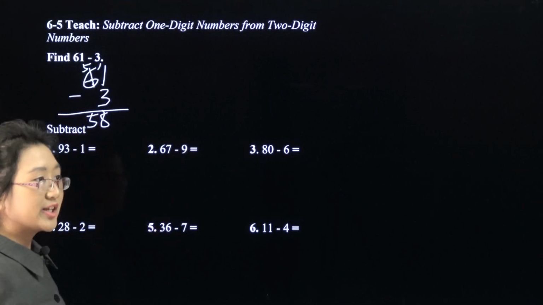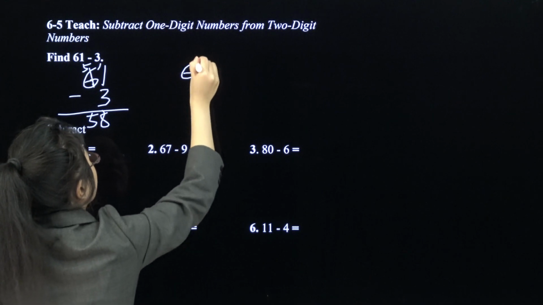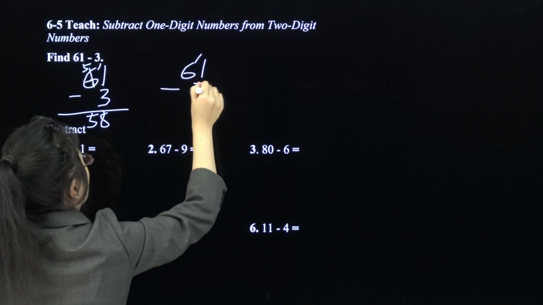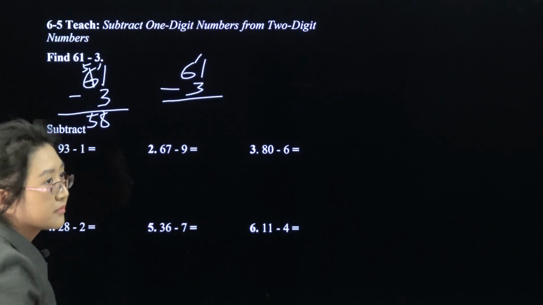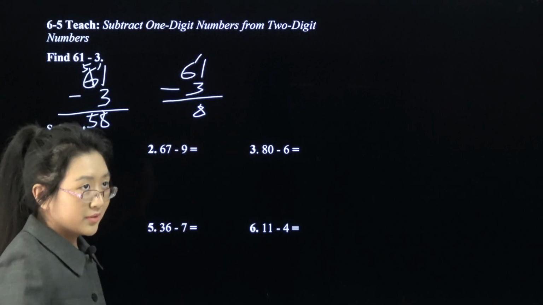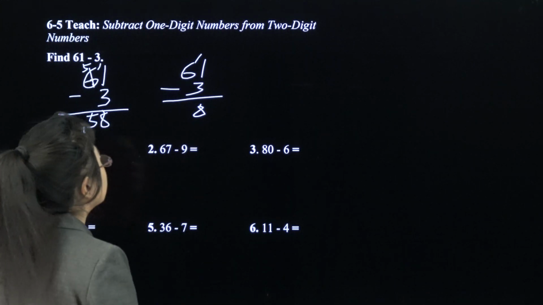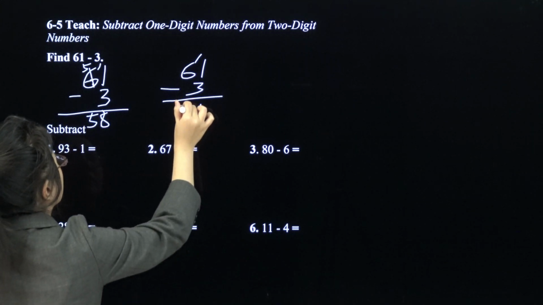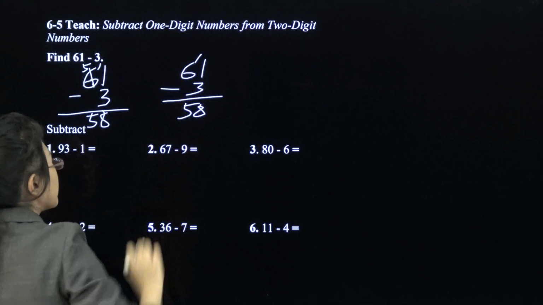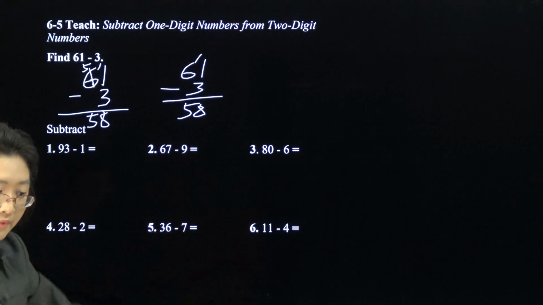Of course, you don't actually need to cross out the 6. I've done these calculations plenty of times where I just did this. You just have to remember that this means that there's a regrouping going on. So if you can remember, then you don't need to cross it out.